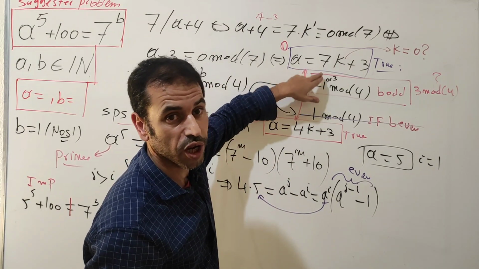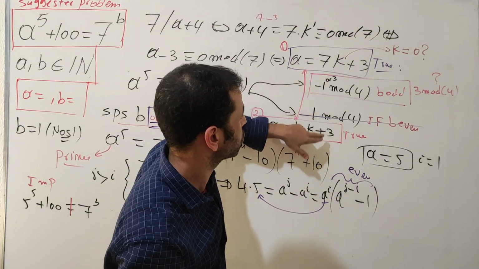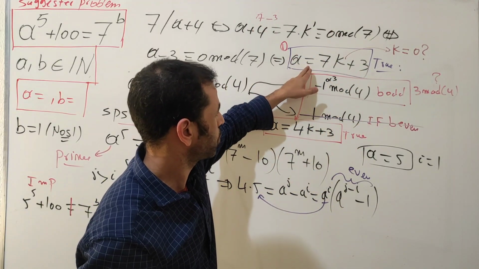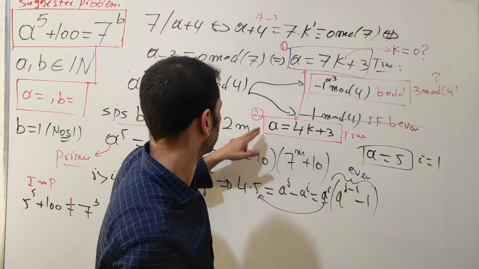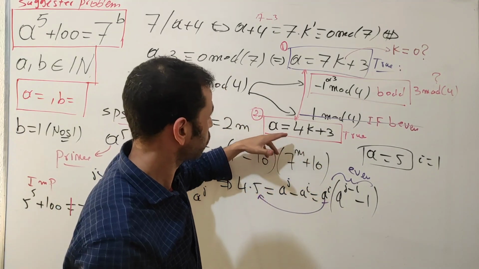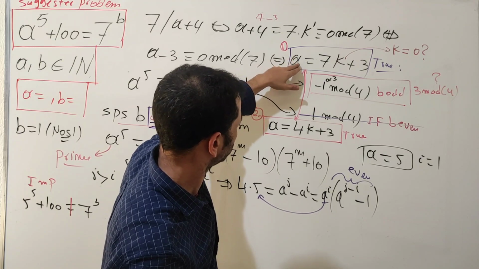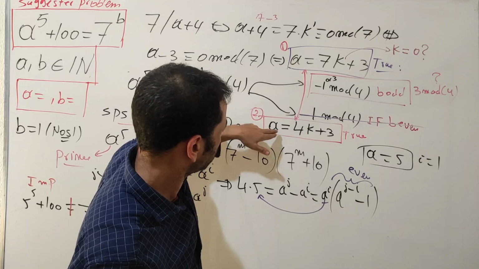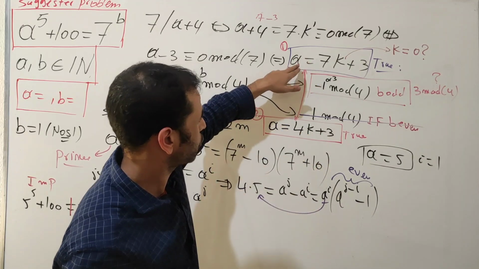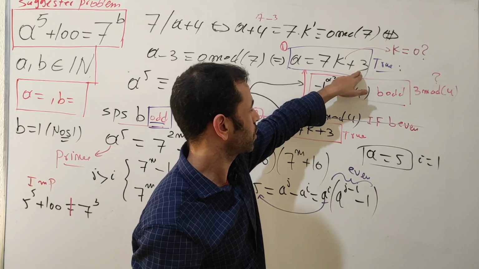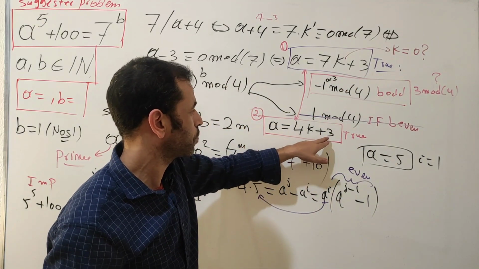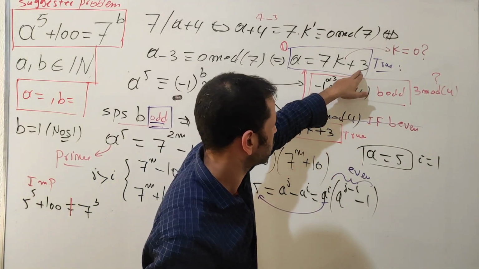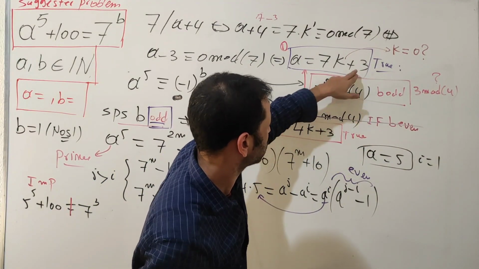If you take a look carefully, both statements are true. This one we have shown before by a previous proof, and this one we have shown in a different way. We found the same integer, a equals 7k plus 3, and the other one a equals 4k plus 3. But the first one was a multiple of 7 keeping remainder 3, and the other one was a multiple of 4 keeping remainder 3. So at the end we have the same number with remainder 3.